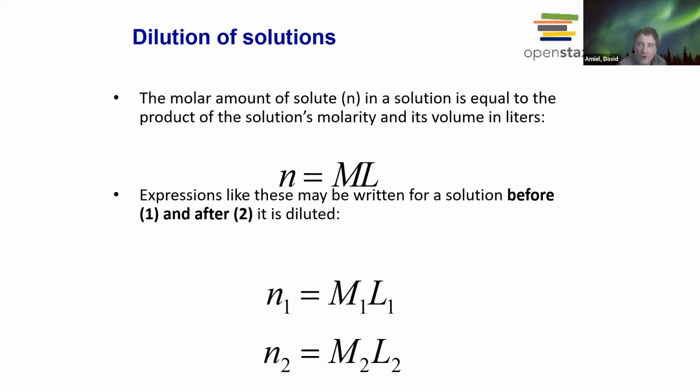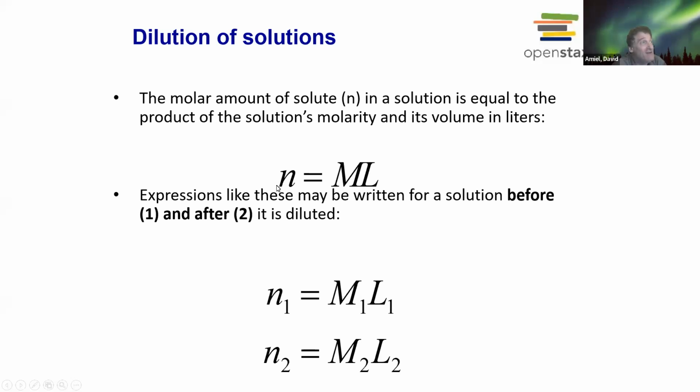Here's an important point about the nature of adding more solvent, about the nature of dilutions. And that is shown here. If you take the units of molarity, which is moles per liter, that's capital M. So capital M has units of moles per liter. Moles per liter times liters is moles.